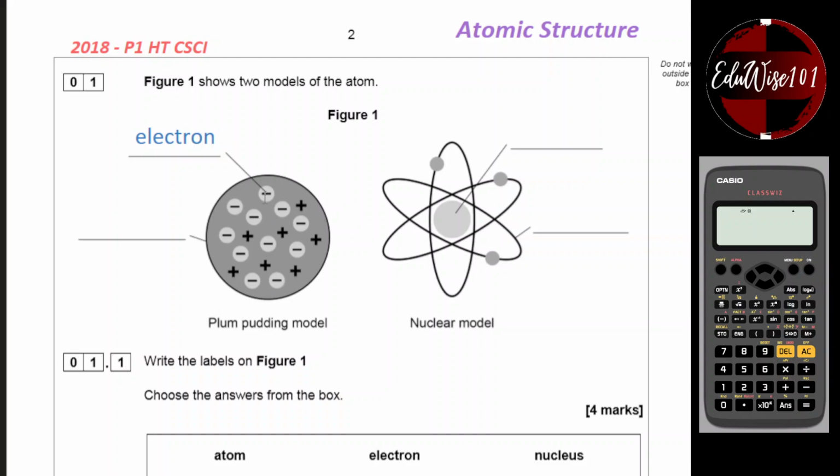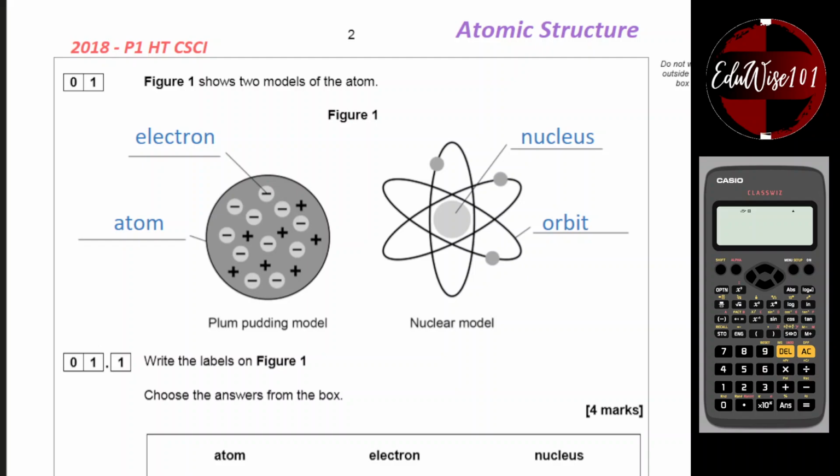And this entire part here is the atom. Right? And these lines are orbits. You can call them shells as well. Here we are using the word orbit. And what's in the middle of the atom is the nucleus.